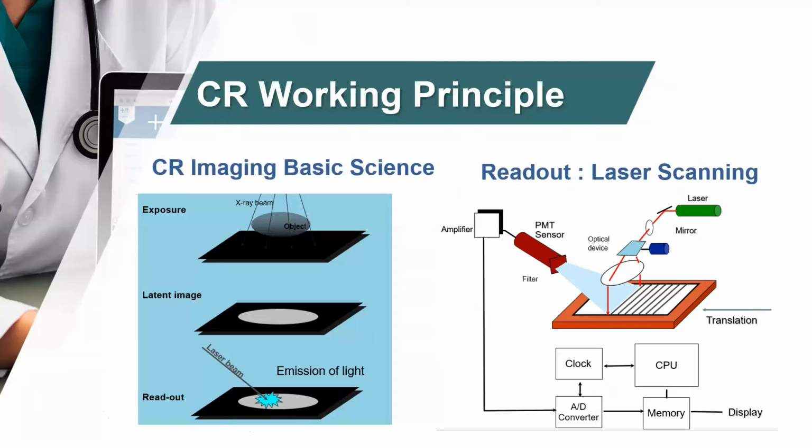Once we insert the CR cassette into the digitizer or reader, the stimulated phosphor emits the energy stored in it, and this is read by the laser. The laser reads all of it and sends it to the amplifier, where analog-to-digital conversion happens. It is stored in memory and goes to the display in the CPU. Next.